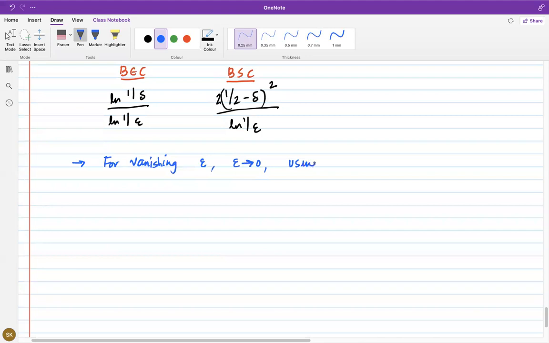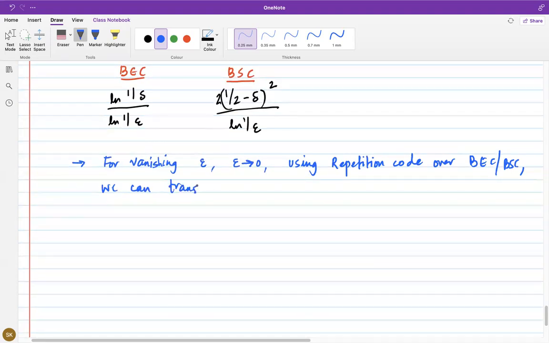So using repetition code over BEC and BSC, we can transmit 0 bits per channel use. If epsilon tends to 0, then 1 by epsilon goes to infinity, and therefore this fraction goes to 0. So effectively, you are transmitting only 0 bits per channel use if you want a vanishing error probability.